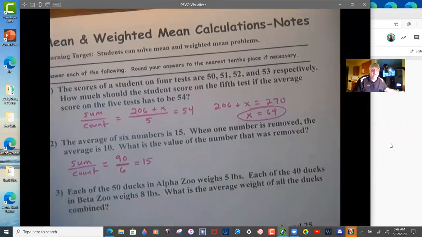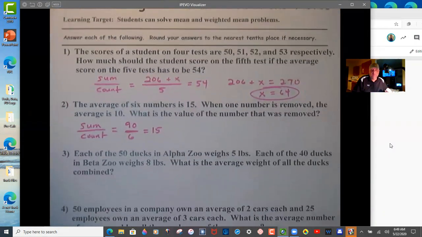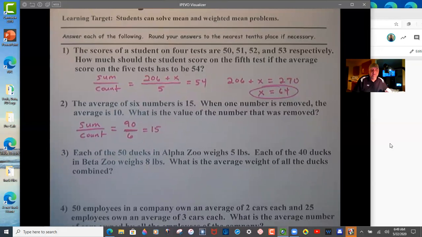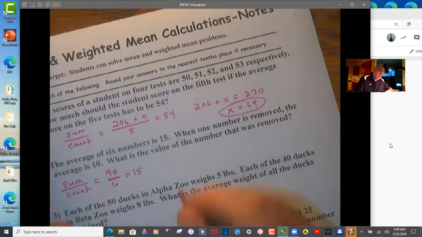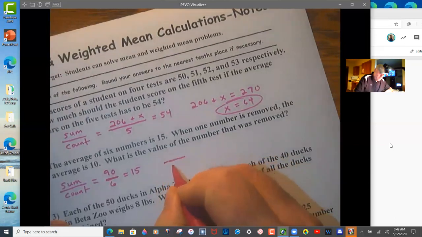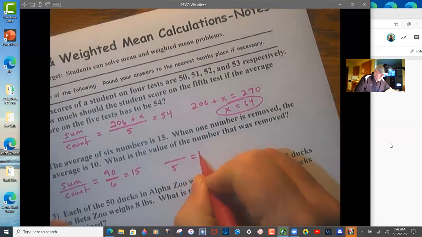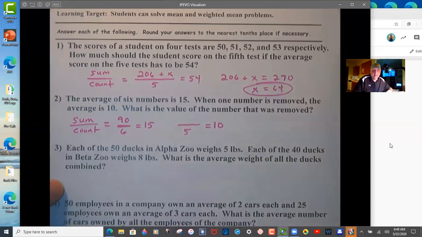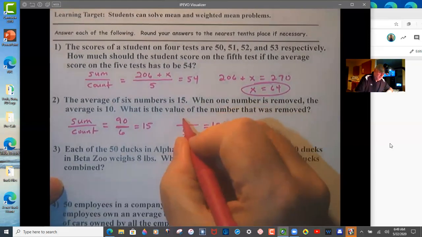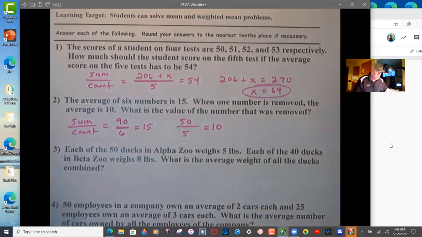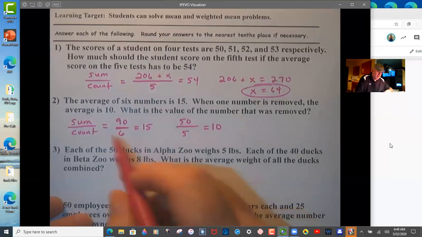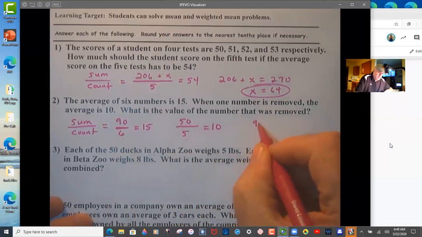It doesn't mean that they are, but they can be, so you can actually use that in your figurings of this. And then it says when one number is removed, the average is 10. So that's what we have. So the sum must be 50. So what is the value of the number that was removed? Well, 90 minus 50, it dropped by 40.